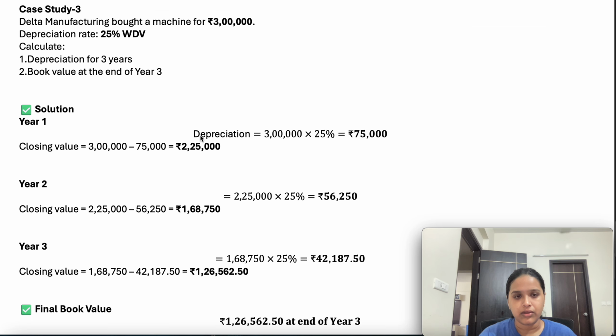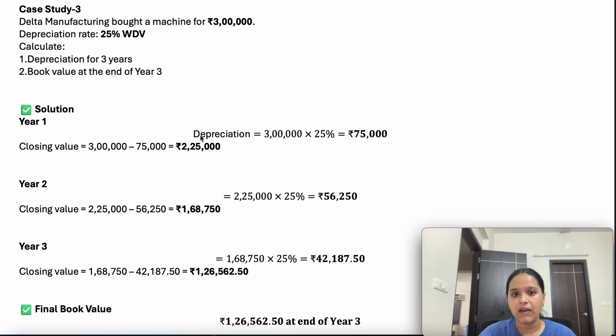Here they want us to calculate the depreciation by WDV. They have bought a furniture machine for 3 lakhs, and they want to calculate the depreciation for 3 years. It means we have to calculate the depreciation for the first year, second year and third year. 3 lakh into 25%, it means 75,000. So at the end of the first year, the closing value of the machine will be 2,25,000, 3 lakh minus 75,000.